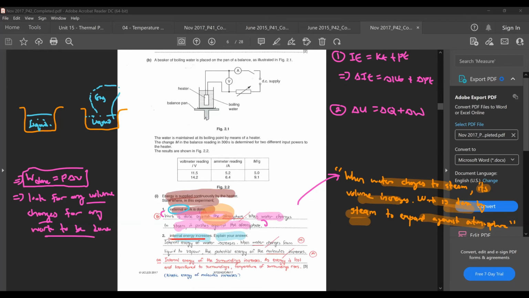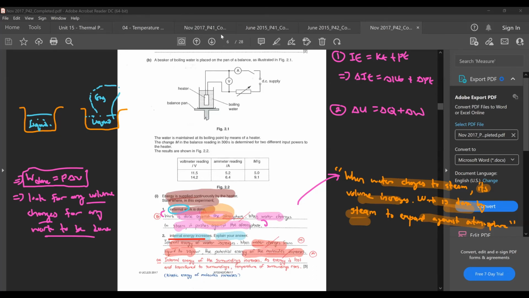So they want you to single out where internal energy is increasing. Is it the atmosphere? Is it the water or some other place? The easiest thing you can say is that it's the internal energy of water increasing, because when water changes to steam, or rather from liquid to vapor, the potential energy of molecules increases.